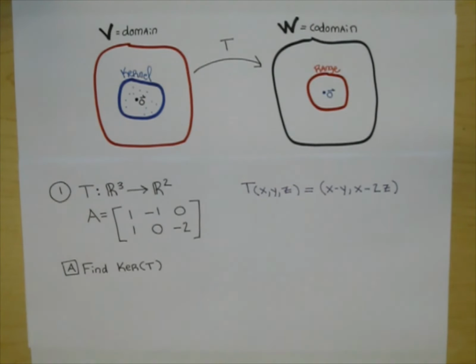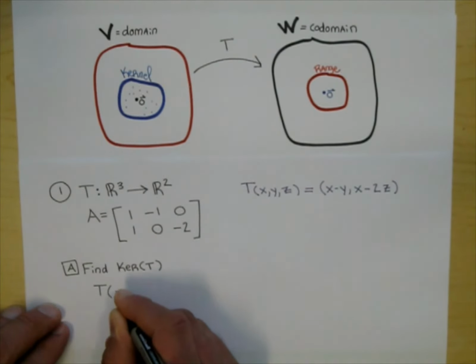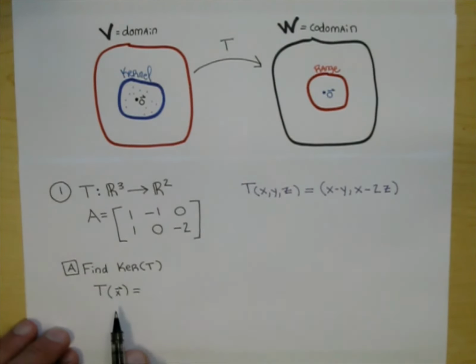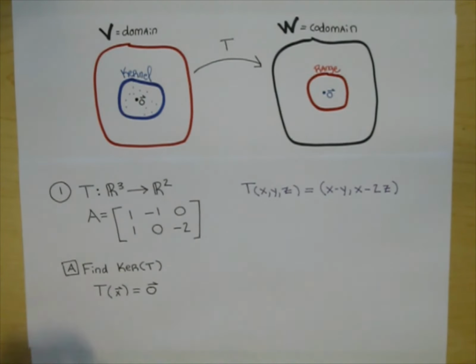So how do I find the kernel? Well, the kernel looks like this. It's all the vectors in R3 where T of that vector equals 0. Now this is really abstract.